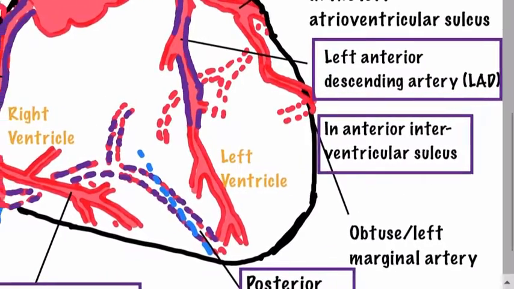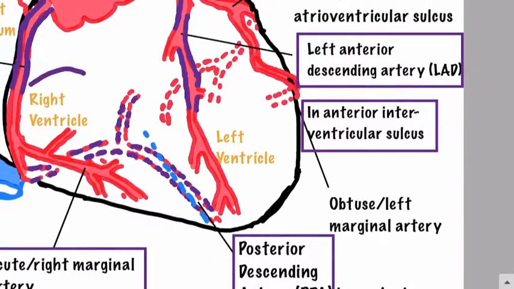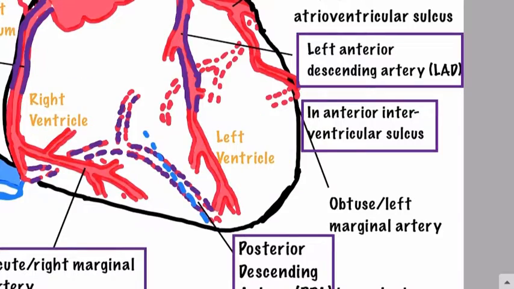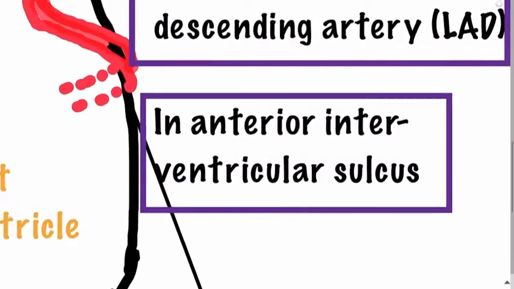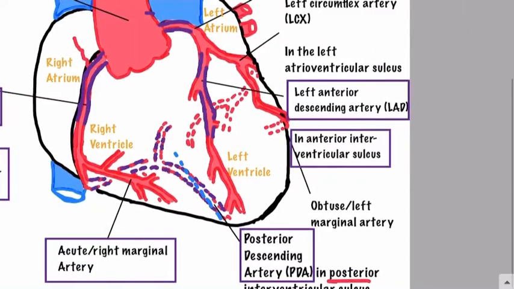So guys, the LAD runs in a sulcus or groove which is between the right ventricle and the left ventricle, but this time on the anterior side. So guys, LAD runs in the anterior interventricular sulcus and the PDA runs in the posterior interventricular sulcus.